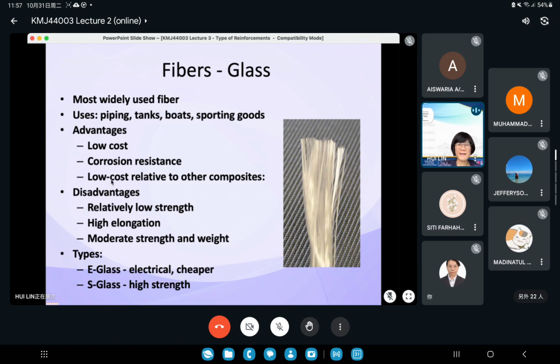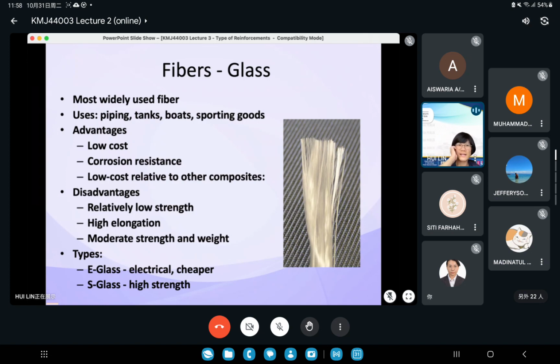Okay, so glass fiber, you will see a lot of it in our daily life, like our roof. Plastic ceiling is not made of glass fiber. Something in our school, the ceiling, is made from asbestos together with glass fiber.